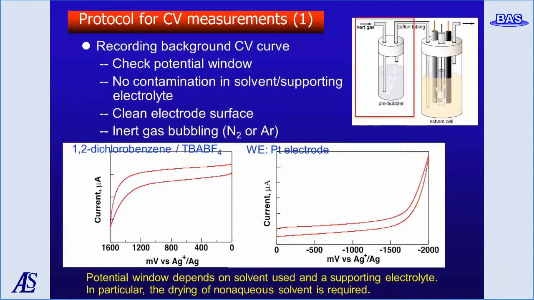Here shows one example of 1,2-dichlorobenzene as a solvent and tetrabutylammonium tetrafluoroborate as the supporting electrolyte, which is not a commonly used solvent. In this case, the measurement window can sweep to a potential of 1600 millivolt on the anodic side, and the cathodic side is minus 1800 millivolt.